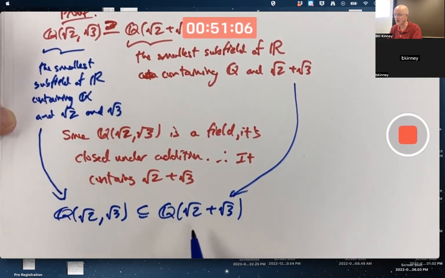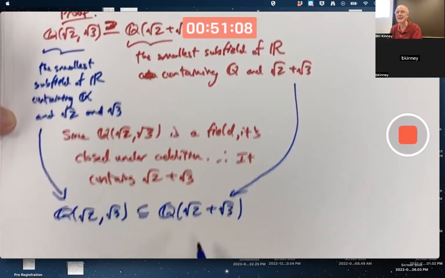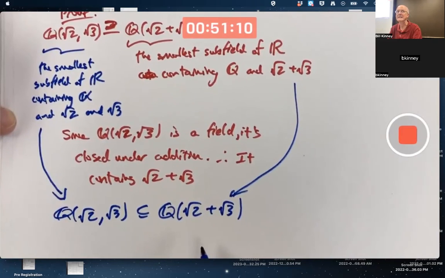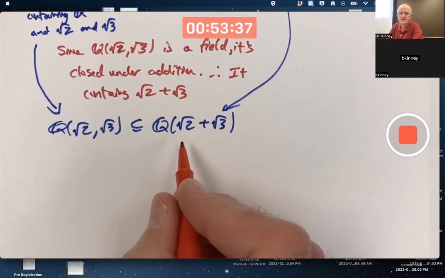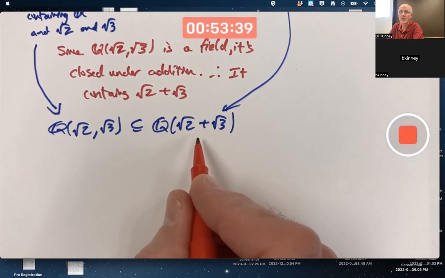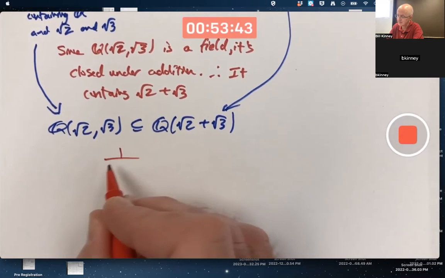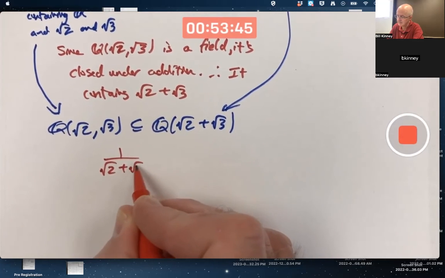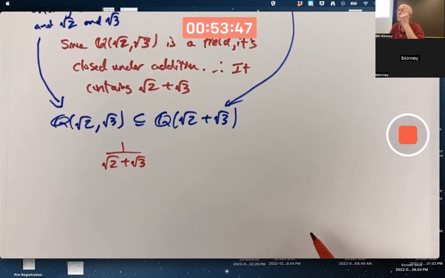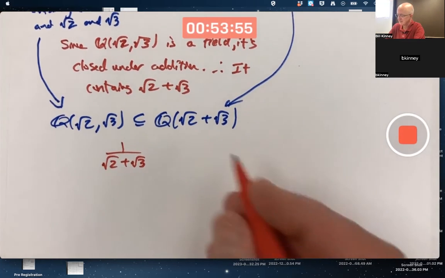So I'm about to try to show that this thing contains square root of 2 and square root of 3. But it's tricky. Certainly, again, this thing contains square root of 2 plus square root of 3. And it is a field. It's going to contain its reciprocal as well. But now let's try working with this reciprocal and see if any interesting conclusions can be made from it.